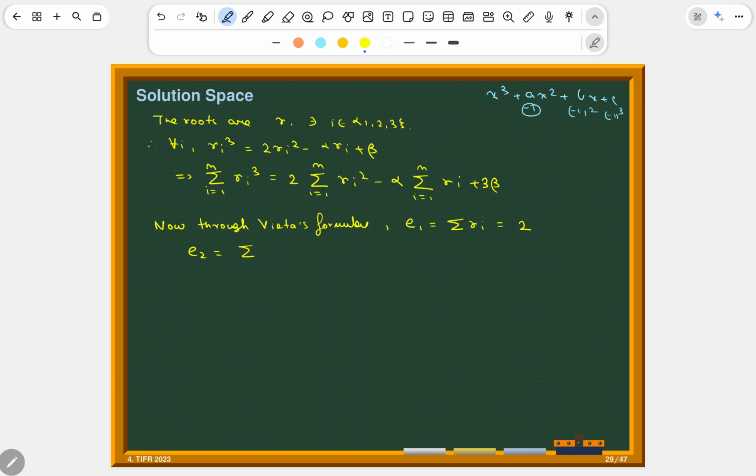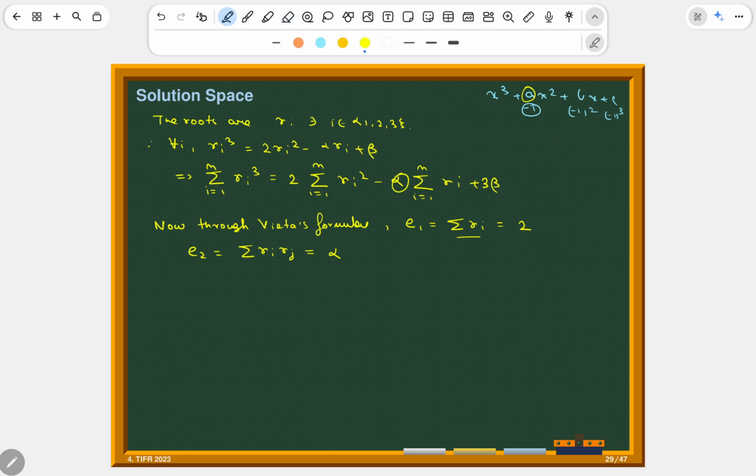So E2 is the sum over all the products of these, right? So i ranges from 1 to 3 and j ranges from 1 to 3 as well, and then this should surely come out to be alpha, right? Yeah, so the sum of the roots actually gives you this very coefficient. I'm extremely sorry, I just misplaced it. So this is minus 1 whole squared.